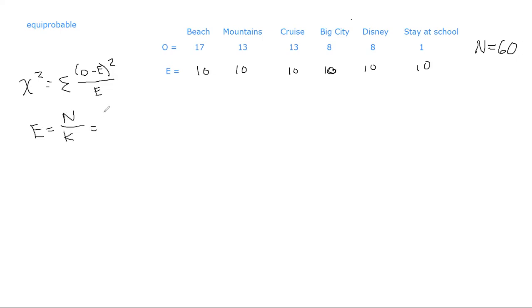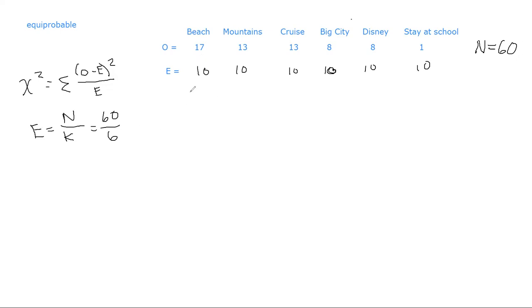I have, as we talked about, 60 people by adding up all those observed values, and then I have k, just like with the one-way ANOVA, how many groups we're splitting this into. So 60 divided by 6 gives me the expected value of 10, and that's going to be the same expected value for every category.